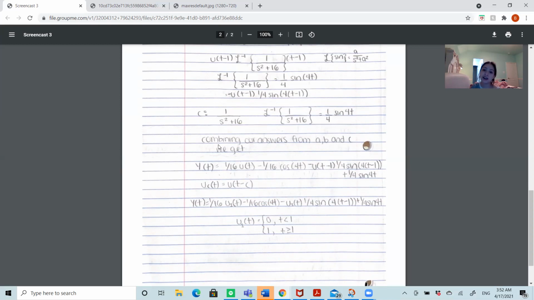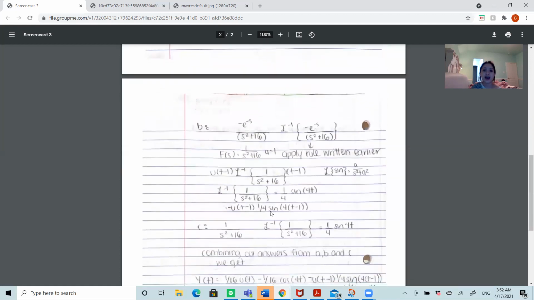Then we will combine our answers from a, b, and c, and we will get 1/16 the step function u of t, minus 1/16 cosine of 4t. And then here, I forgot to mention that I added a minus sign because term b was negative.